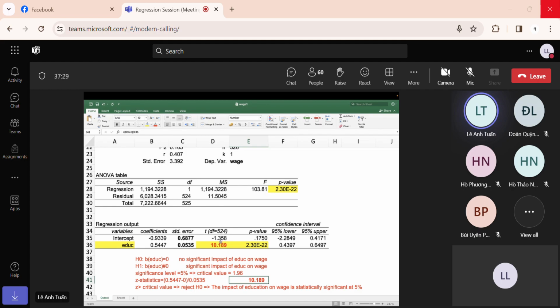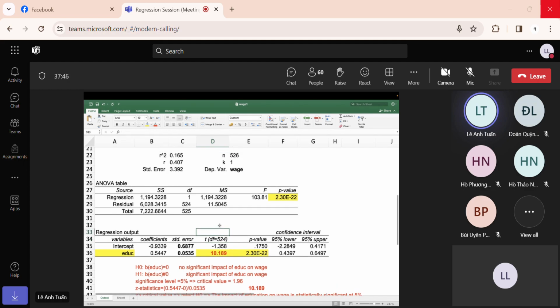Actually, if you use the student distribution table to locate the critical value, you get the same critical value here. In this situation, you can see they show the DF here equal to 524.